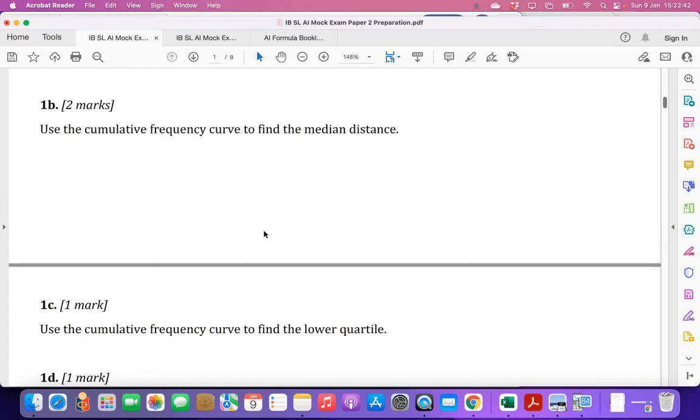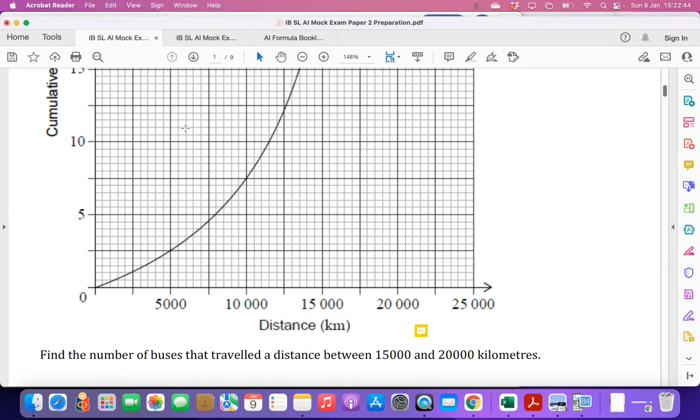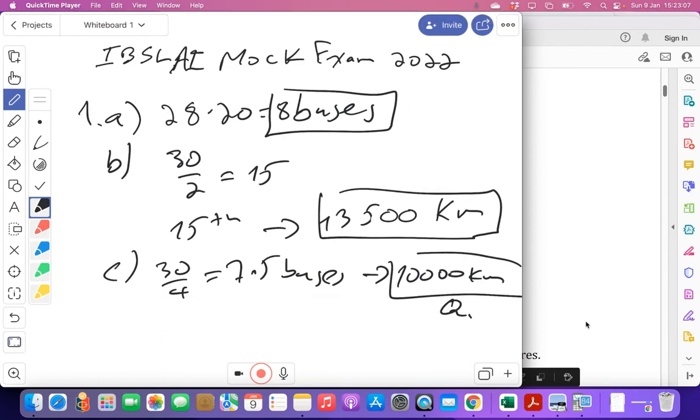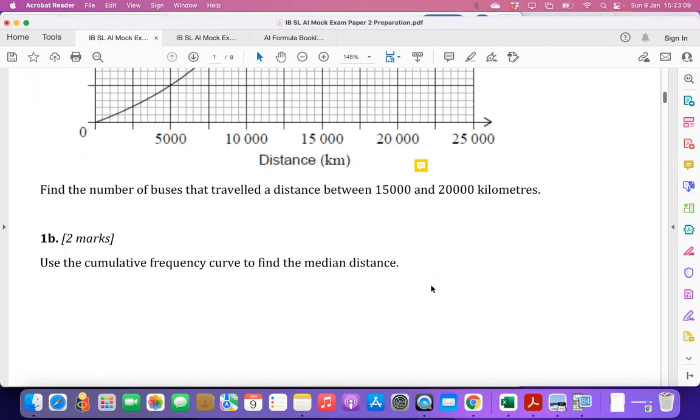It comes right across and right down to 10,000 kilometers. So that's Q1.